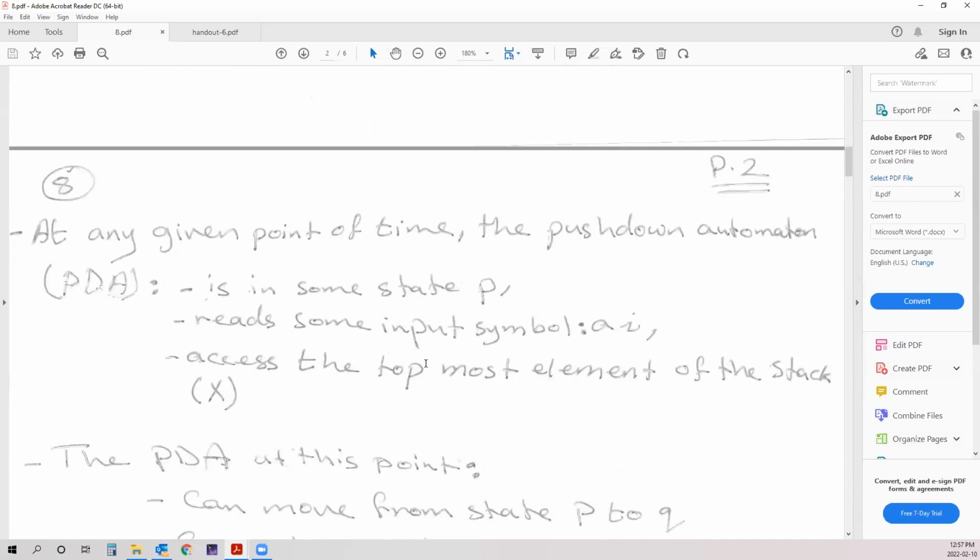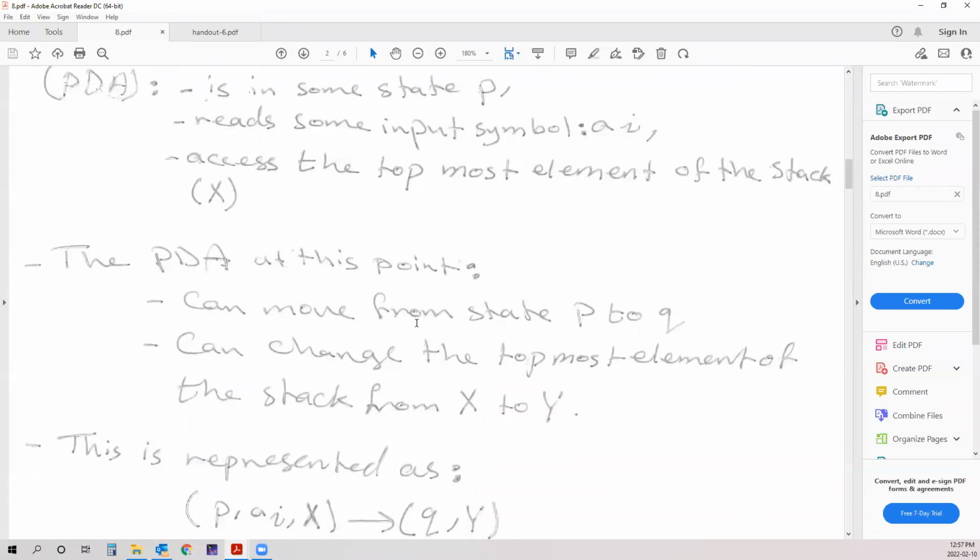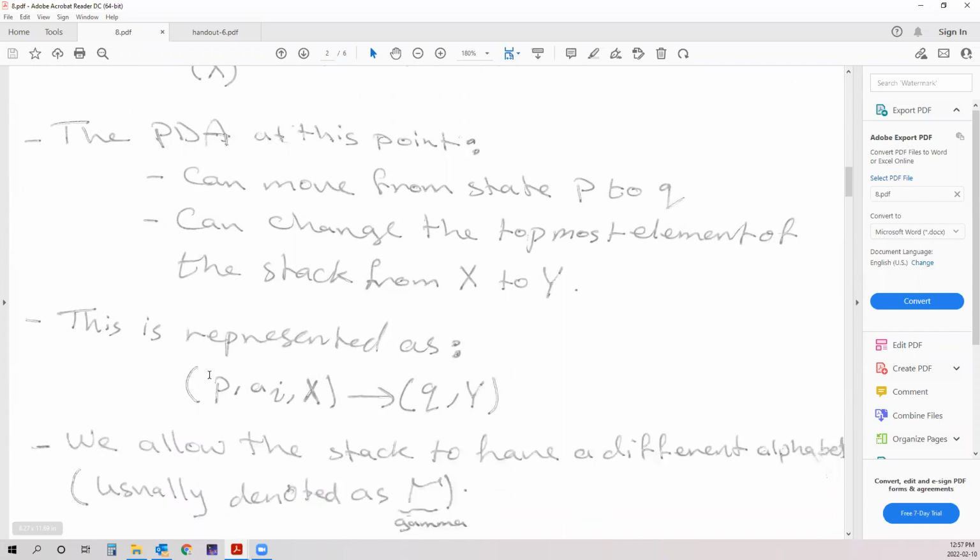At any given point of time, the PDA is in some state P, reads some input symbol Ai, and accesses the topmost element of the stack, which we call X. The PDA at this point can move from state P to state Q, can change the topmost element of the stack X to Y, or can pop it, or can push a new element. This is represented as (P, Ai, X) leads to (Q, Y). This is another form of representing the operations.